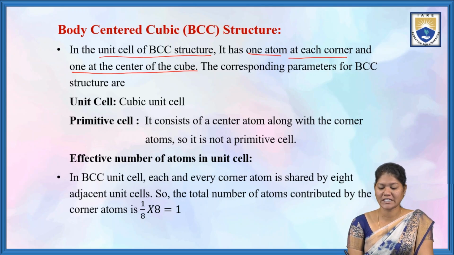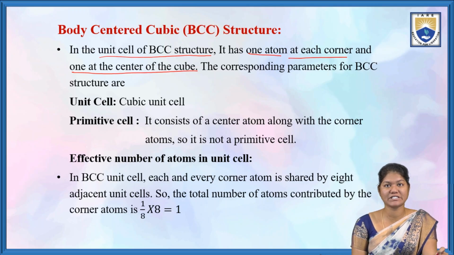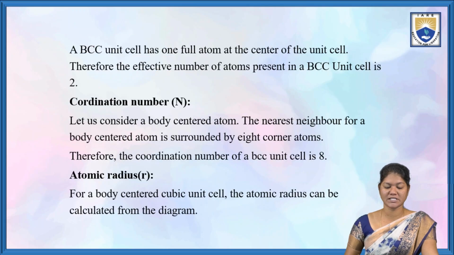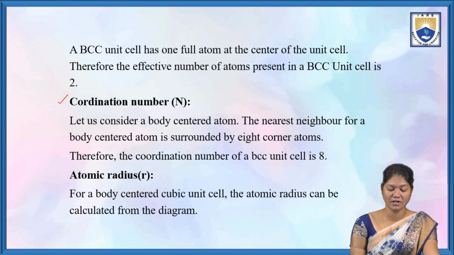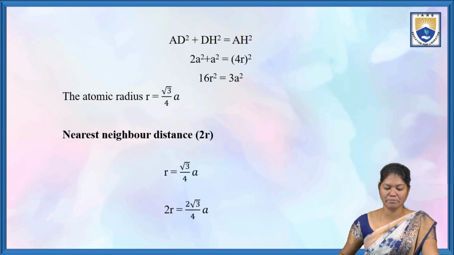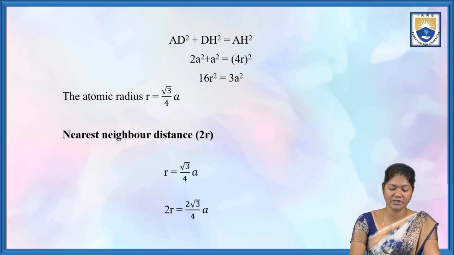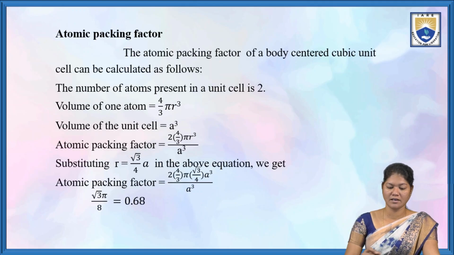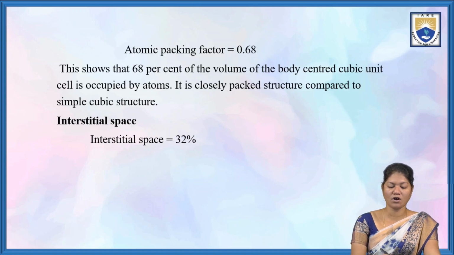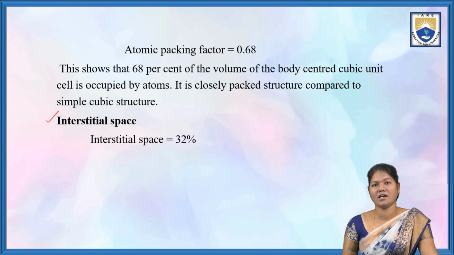The corresponding parameters for BCC structure that we are going to see are: unit cell, whether it is a primitive cell or not, effective number of atoms in the unit cell, coordination number, atomic radius, packing factor, nearest neighbor distance, and how much space is there.